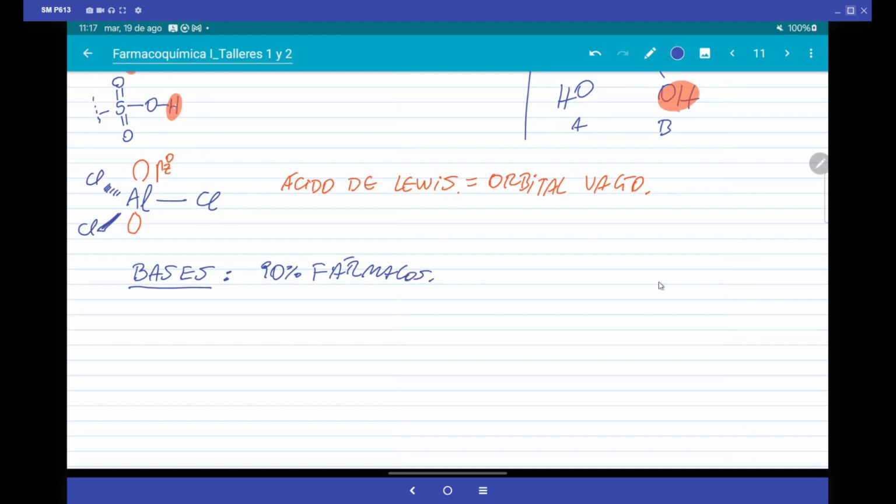That is, they are structures of a type, for example, when they are natural compounds, they can be alkaloids, or when we talk about synthetic molecules, we talk about the basic functional group. Which is the basic functional group? Amine, well, perfect.